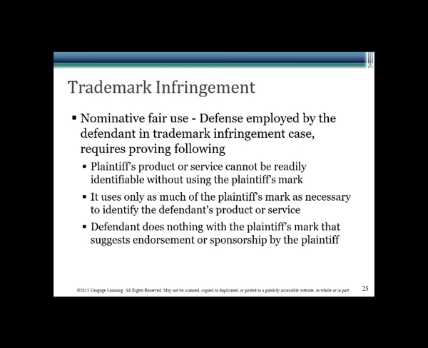The plaintiff's product or service cannot be readily identifiable without using the plaintiff's mark. 2. It uses only as much of the plaintiff's mark as necessary to identify the plaintiff's product or service. And 3. The defendant does nothing with the plaintiff's mark that suggests endorsement or sponsorship by the plaintiff.